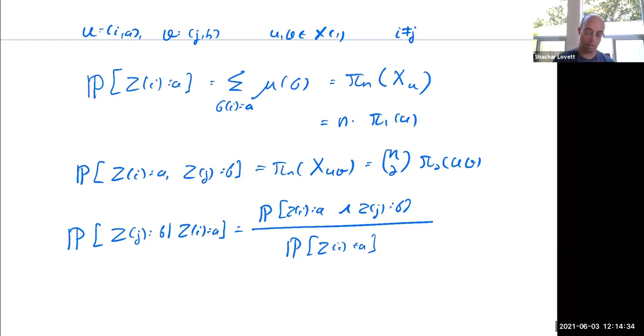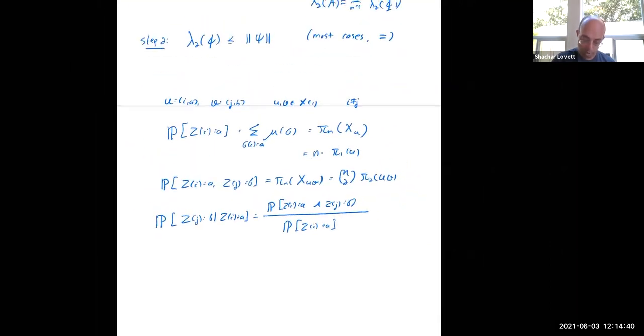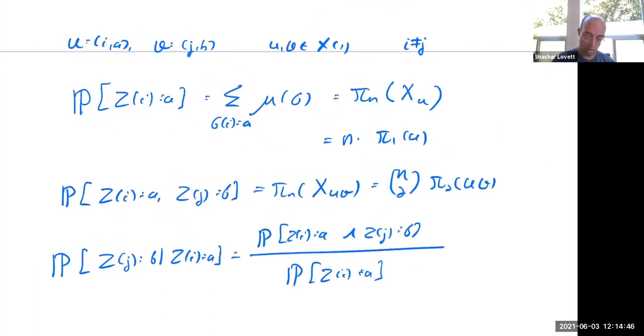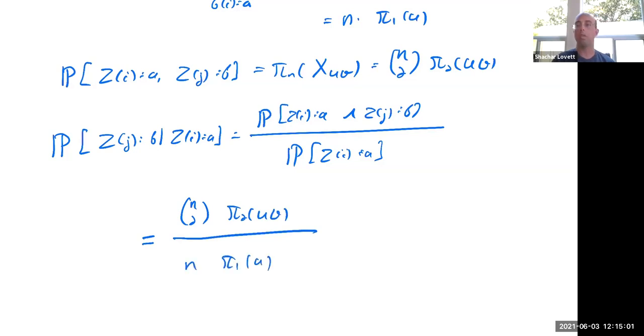Just plugging in, it's going to be n choose 2 pi 2 uv over n pi 1 u, which is just n minus 1 over 2 times pi 2 uv over pi 1 u.